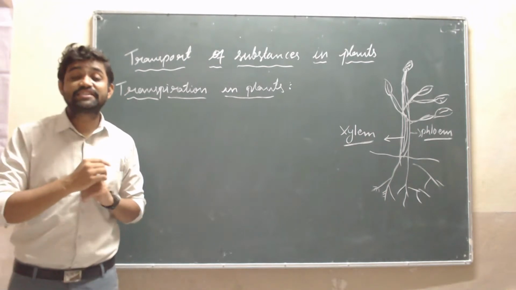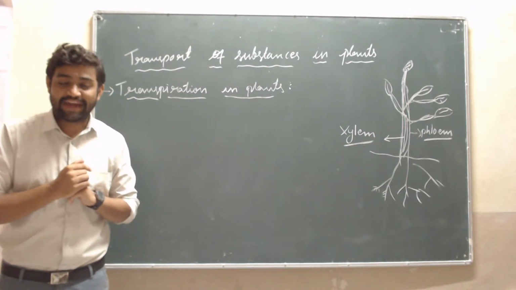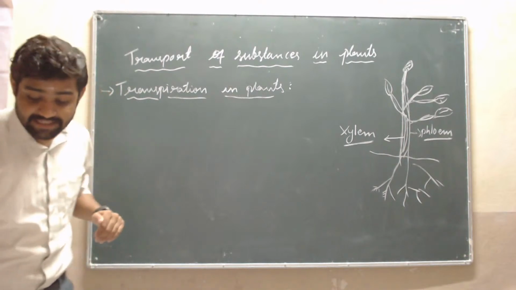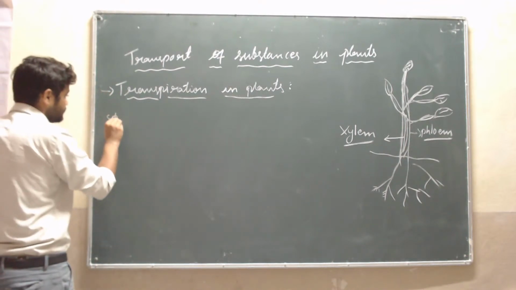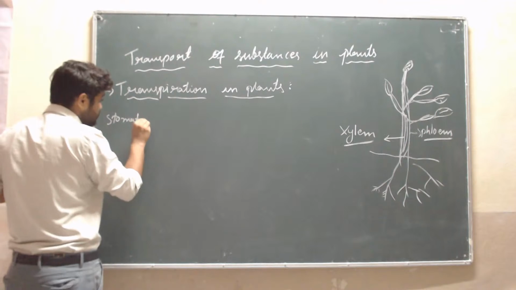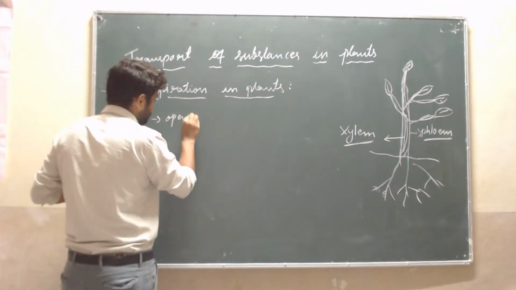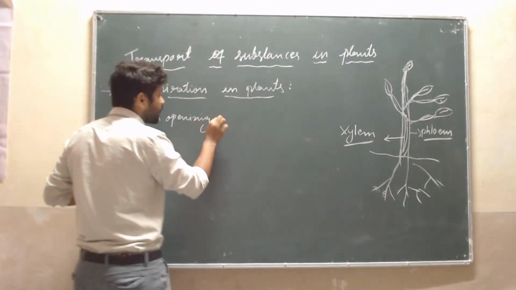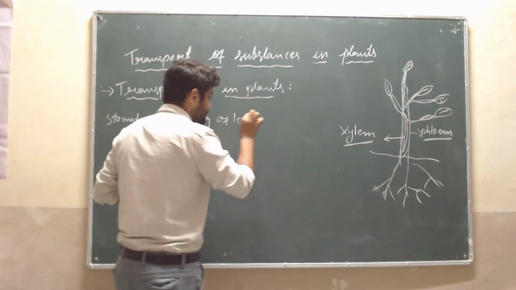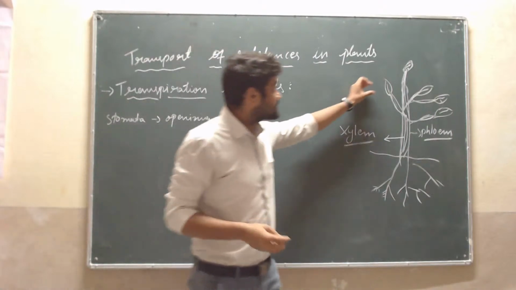And transpiration takes place in the stomata. What is stomata? Stomata are the openings of the leaf. See sir, there are small small holes here.